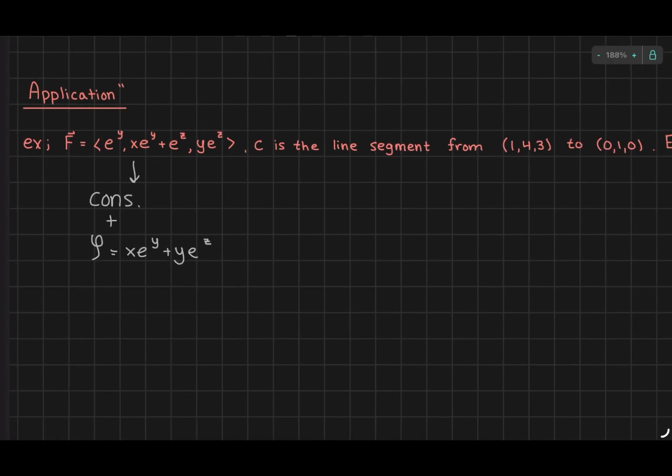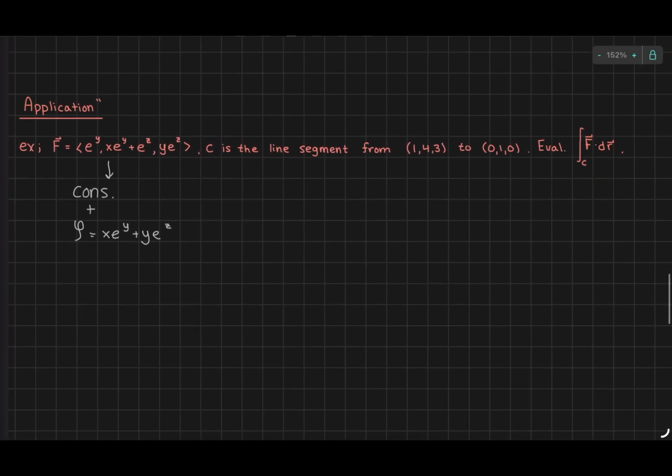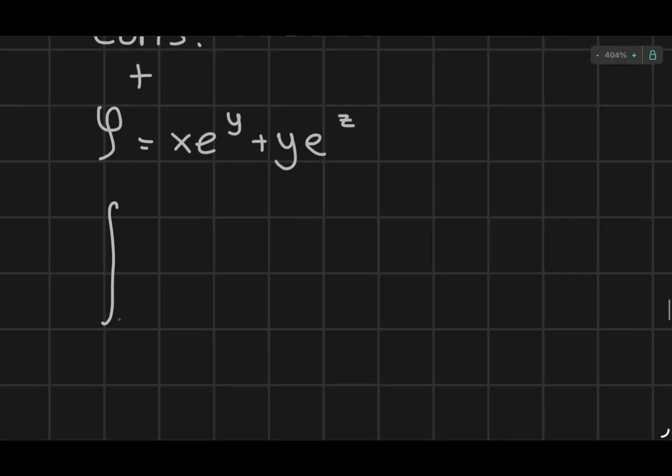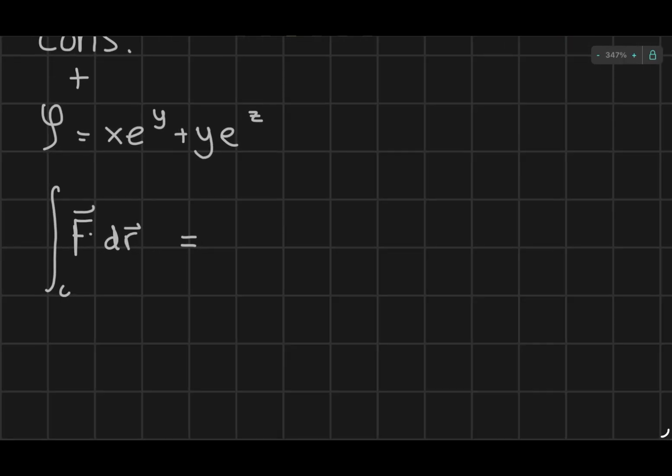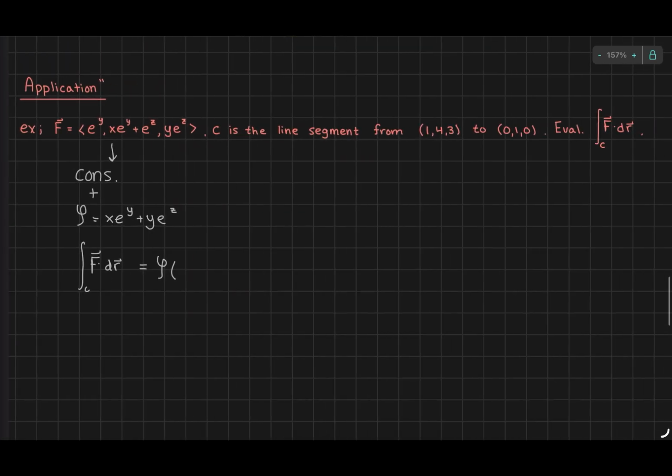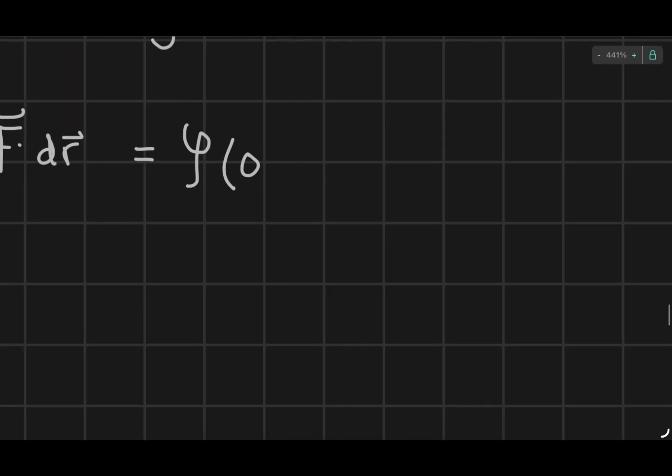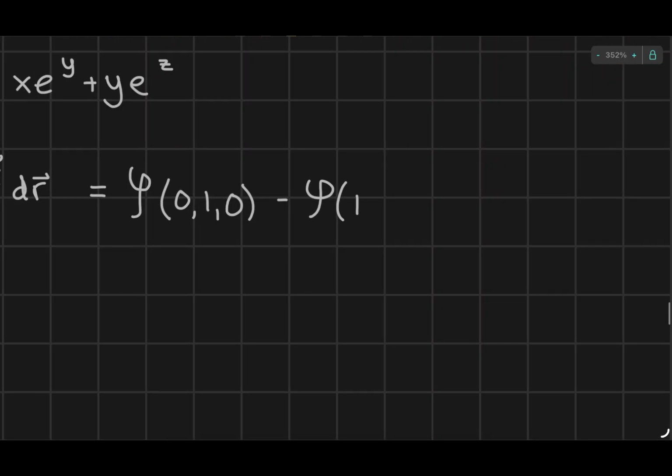So therefore, using the fundamental theorem of line integrals, we can just go ahead and say that the integral over C of F dot dr is going to equal our phi at our endpoint (0, 1, 0) minus our phi at our starting point (1, 4, 3).